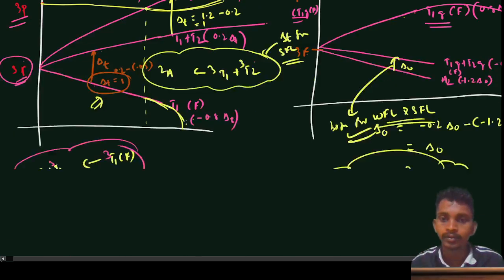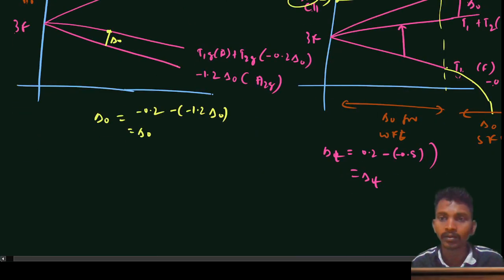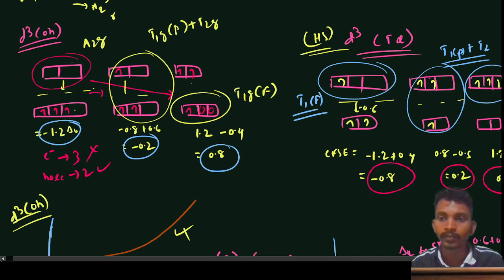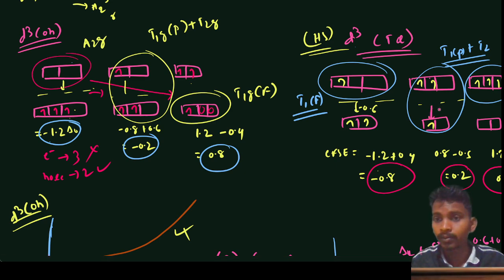Look here, this is 0.2, and this is negative, so minus 0.6, and this is 4, so 0.8. So minus 0.6 plus 0.8, that value should be 0.2.